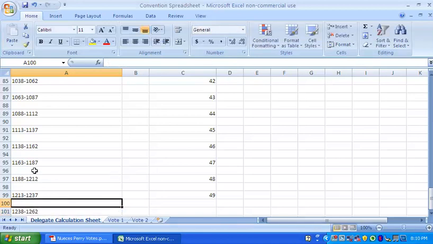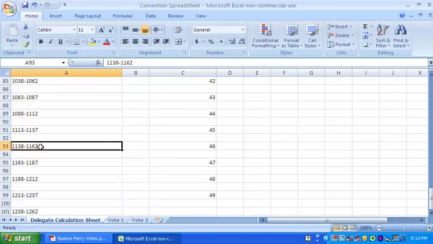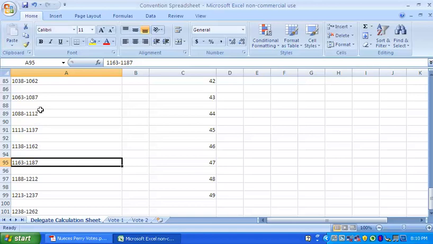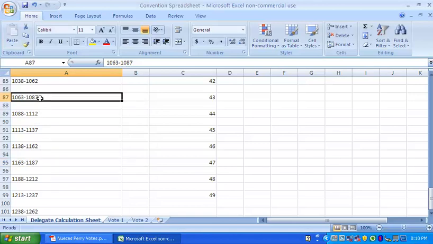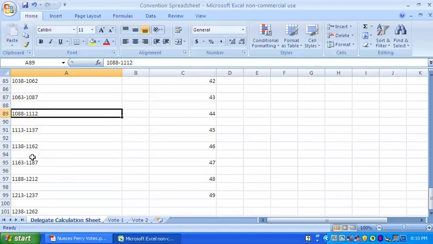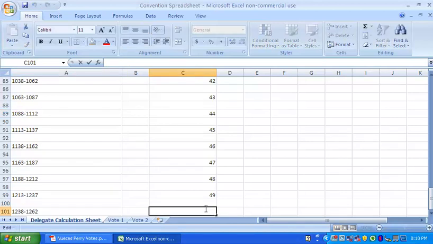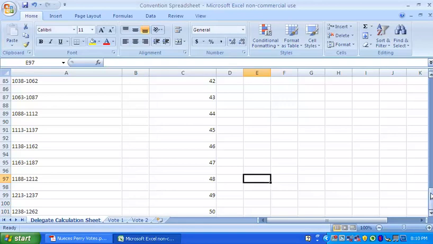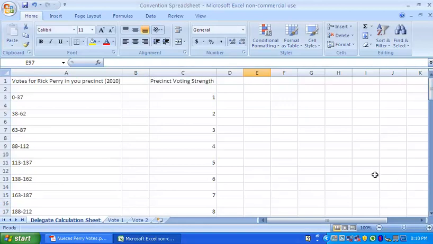And if you notice, every four lines repeats. Here's 1138 to 1162, and here it is again, 1163 to 1187, 1063 to 1087, and so on. So these tables repeat every 4, and of course, you would come down here and say that this particular number of votes gets 50 votes.